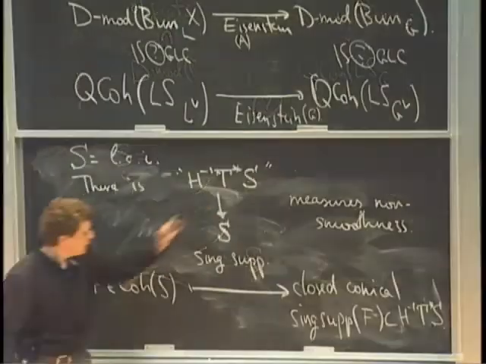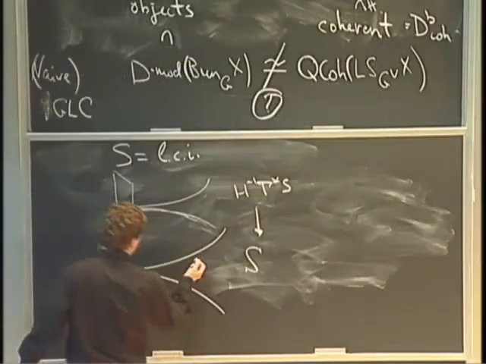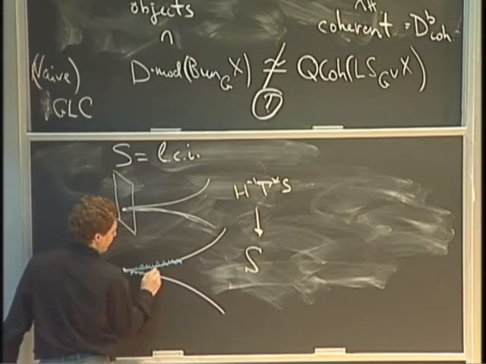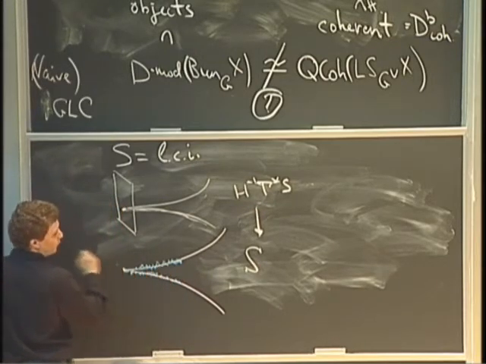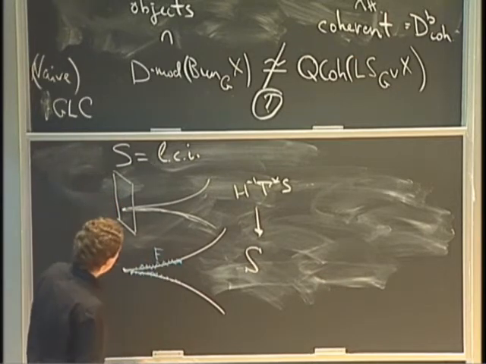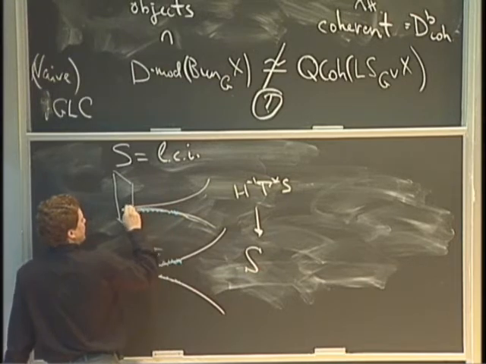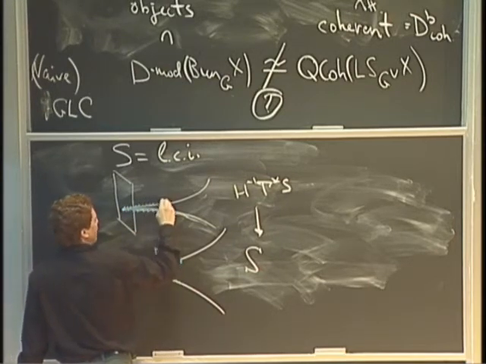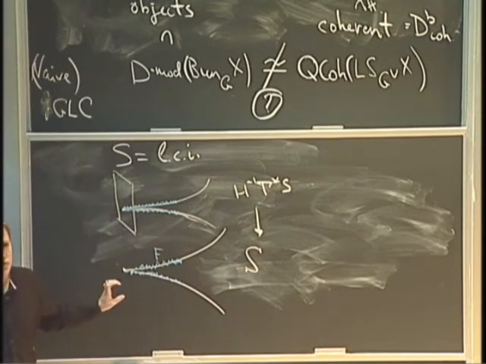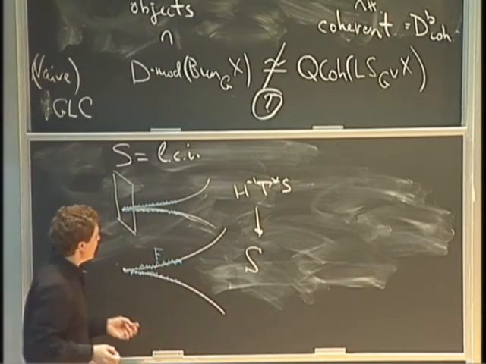So this is this line. And now if I have a coherent sheaf, again, it's hard to draw a coherent sheaf, so I'll just draw its support. So you have something sitting on some locus in S. So this is F. Then its singular support will always have the 0 section. Its intersection with the 0 section will just be the usual support. So nothing new here.